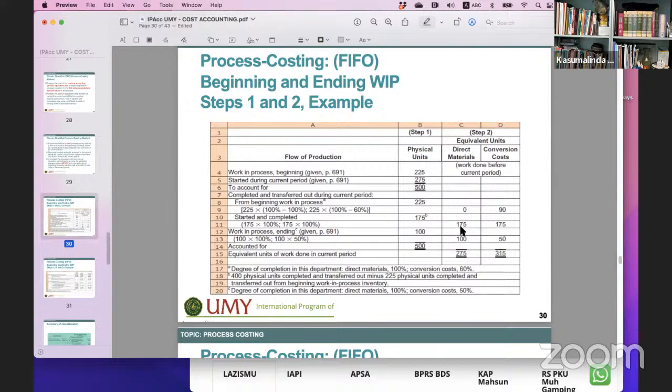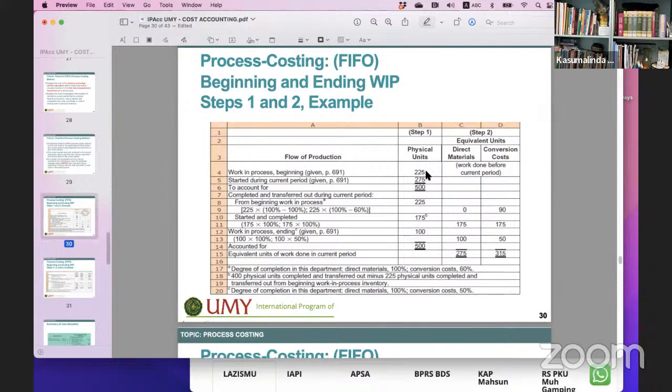When we start the process at the beginning of March, we bring forward the units that are not complete during February, which is 225, which becomes the beginning work in process. So the 225 we need to process during March to make it complete, because this is first in, first out, meaning the first units that come in will be the first units that go out.